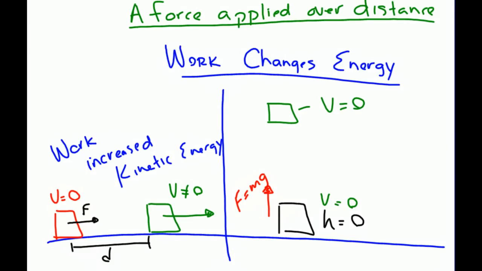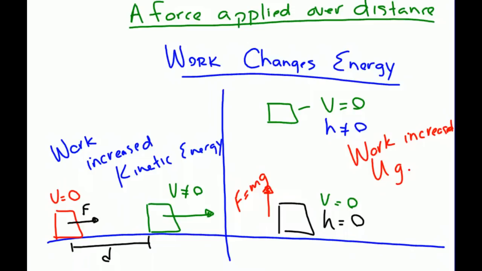It still has 0 velocity, but now its height is not equal to 0. And so in this case, when we exerted our force in the opposite direction of gravity, we had work increase my gravitational potential energy. And so on the left, work is increasing my kinetic energy. On the right, work is increasing my gravitational potential energy.